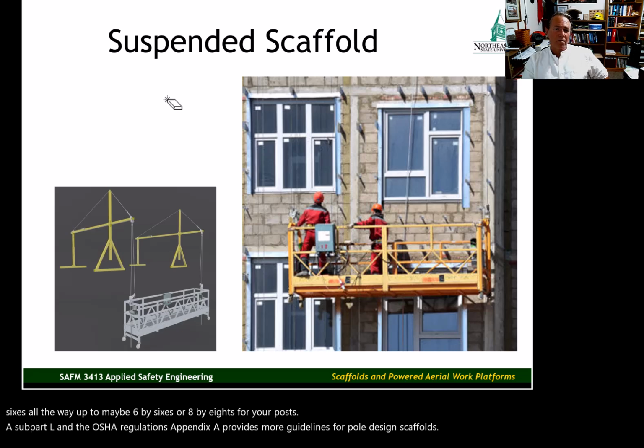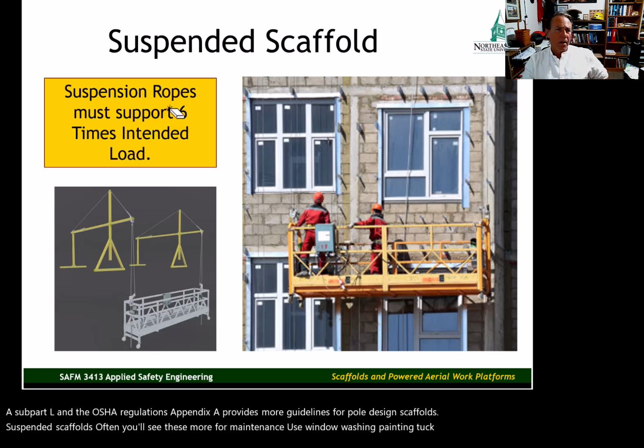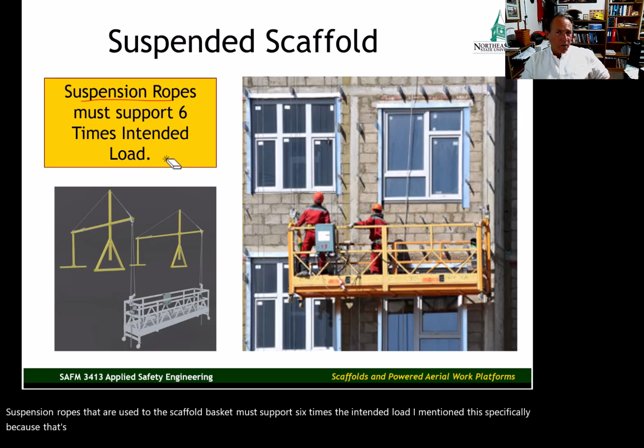Suspended scaffolds. Often you'll see these more for maintenance use, window washing, painting, tuck pointing, those types of operations. Suspension ropes that are used to suspend the scaffold basket must support 6 times the intended load. I mentioned this specifically because that's different than the 4 times the intended load that I mentioned before. And these are different types of scaffolds.